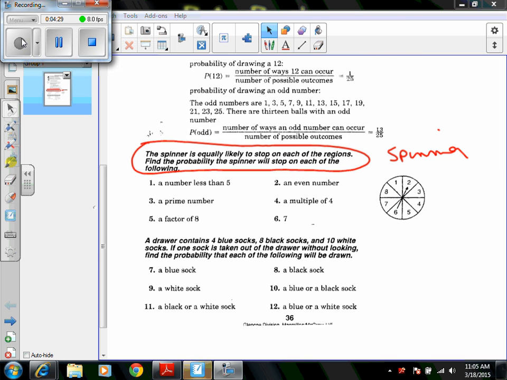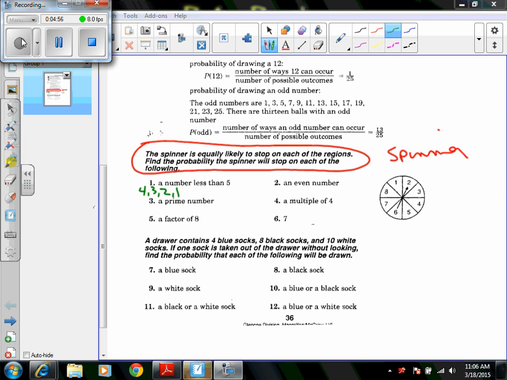Okay, so what is the probability that we will spin a number less than 5? So first we want to look over here and we want to count how many numbers are less than 5. So we could have a 4, a 3, a 2, and a 1.